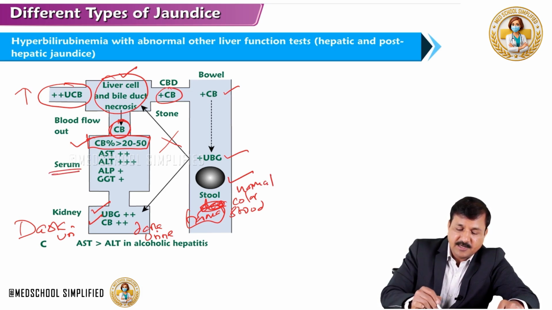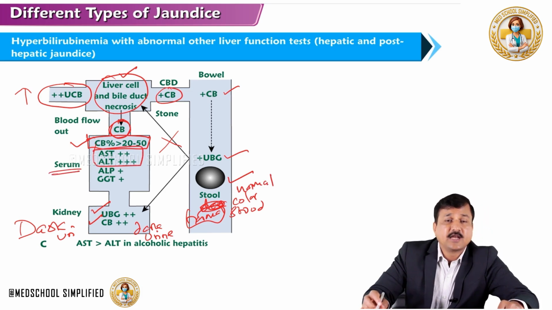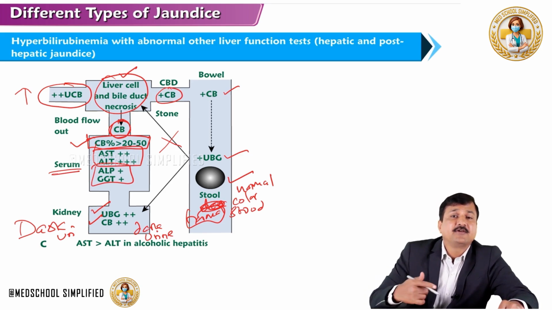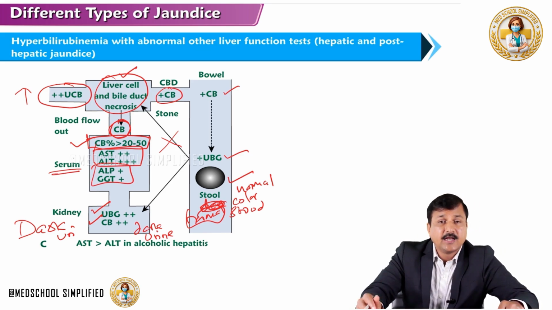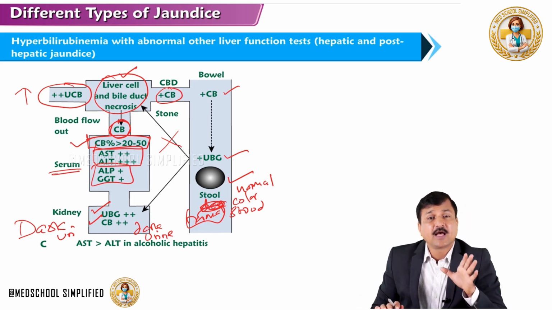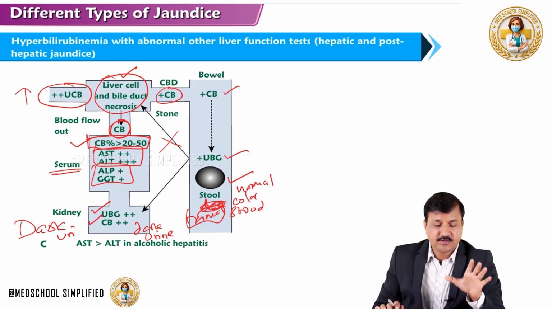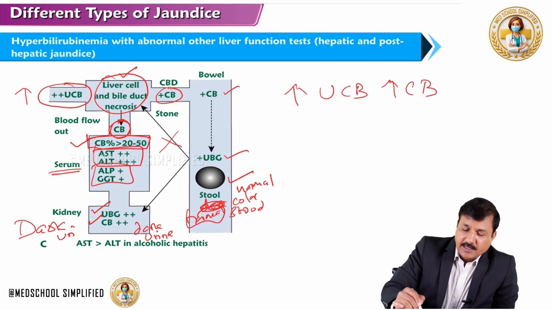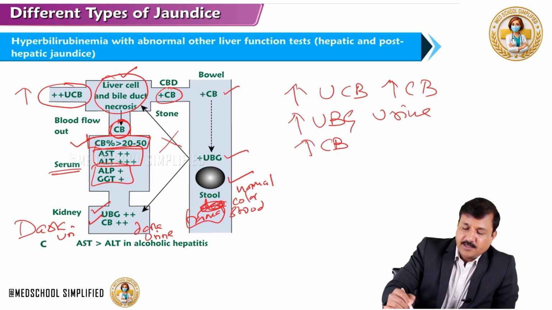And look at serum enzyme levels, AST and ALT. They are elevated. ALP and GGT are also elevated, but not like AST and ALT. So AST and ALT are elevated out of proportion to ALP and GGT. These are some of the findings that you see in the hepatocellular pattern of jaundice. So you see both elevated UCB and elevated CB, and then elevated UBG in the urine and elevated conjugated bilirubin in the urine.